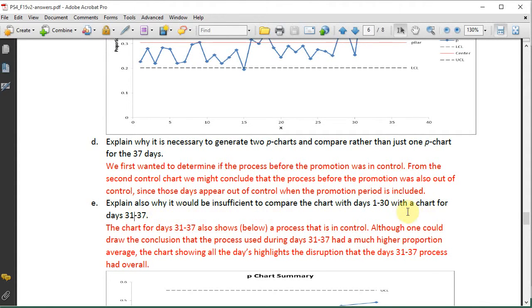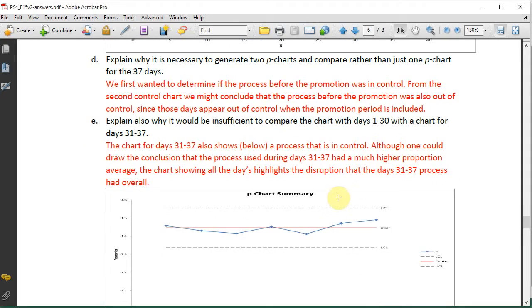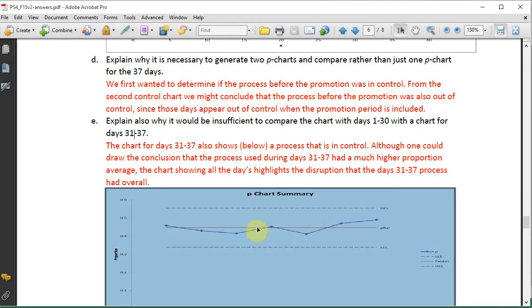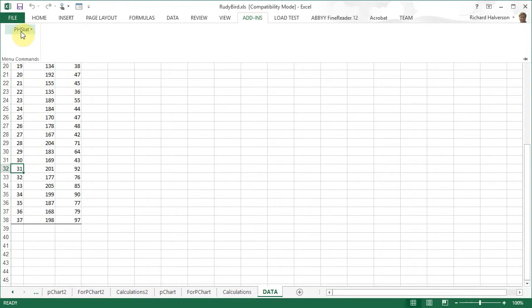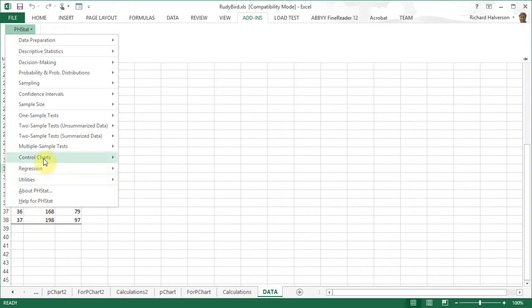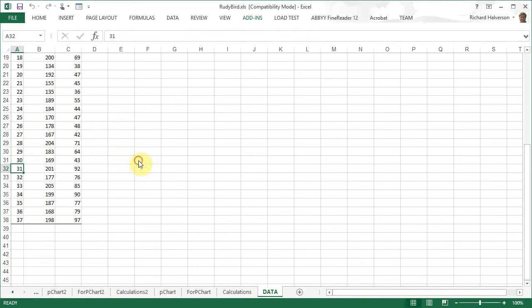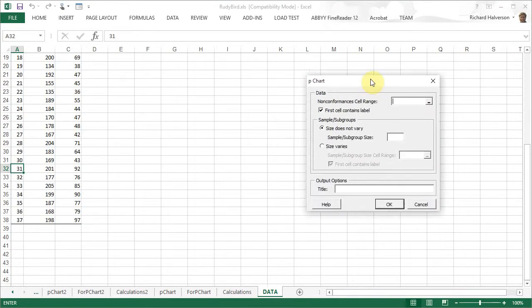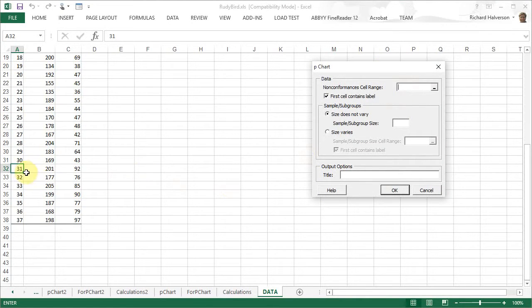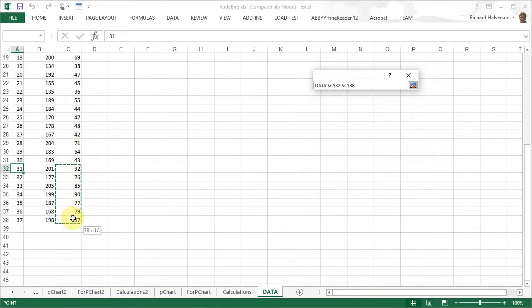Okay, so if we actually do 31 through 37, we get something that also looks like it's in control. So this pops up, and the first nonconforming cells would be these 7.